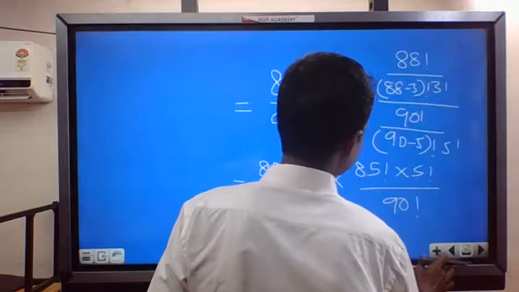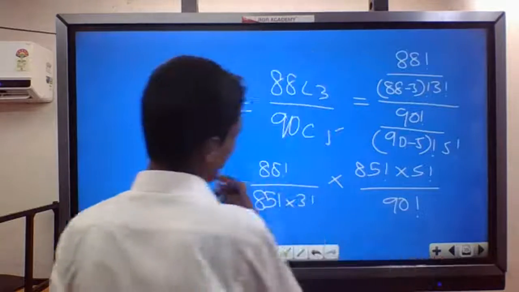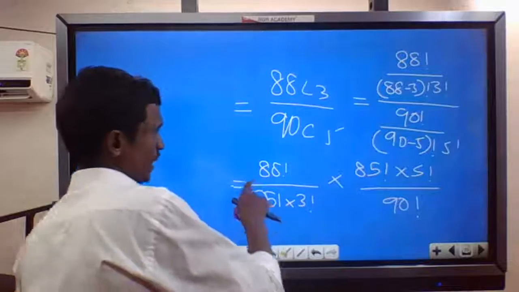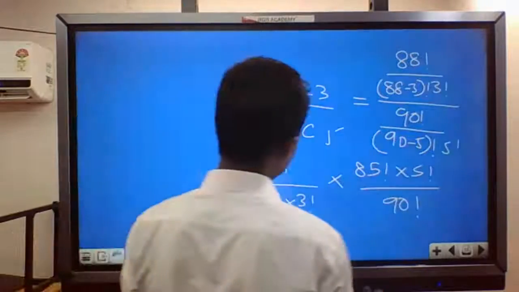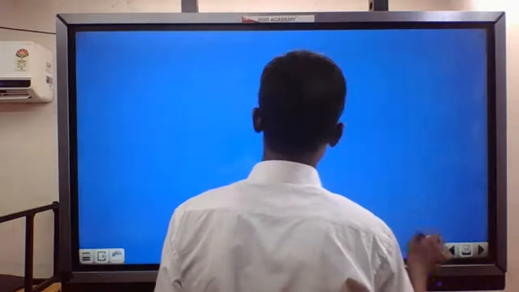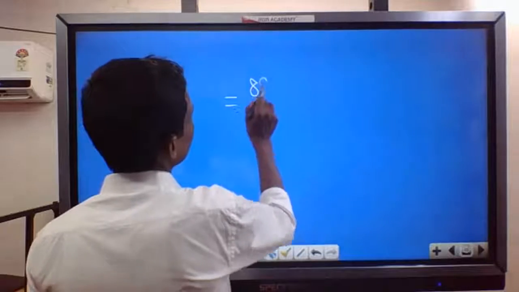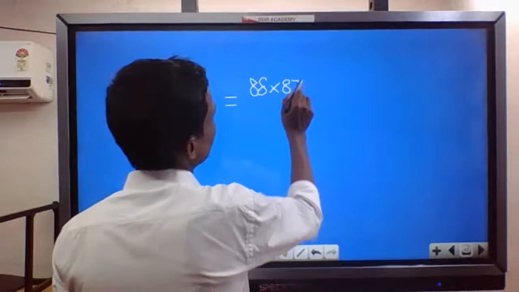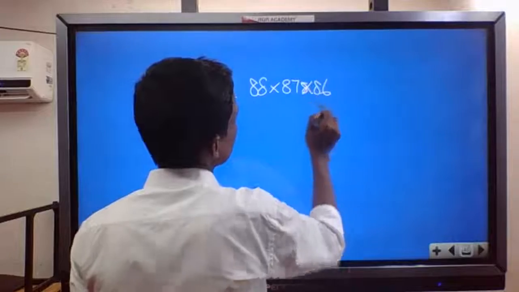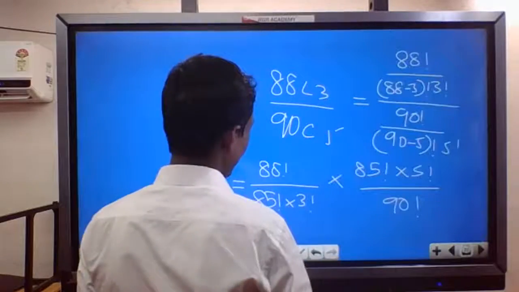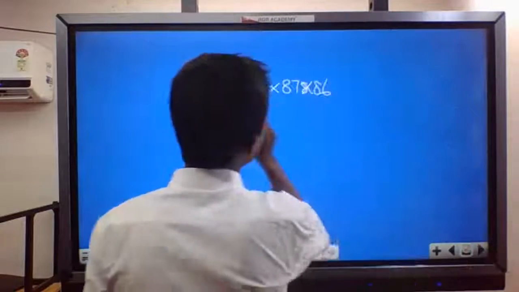How to write 88 factorial? So 88, 87, 86 divided by 3 factorial, which is 3 into 2.